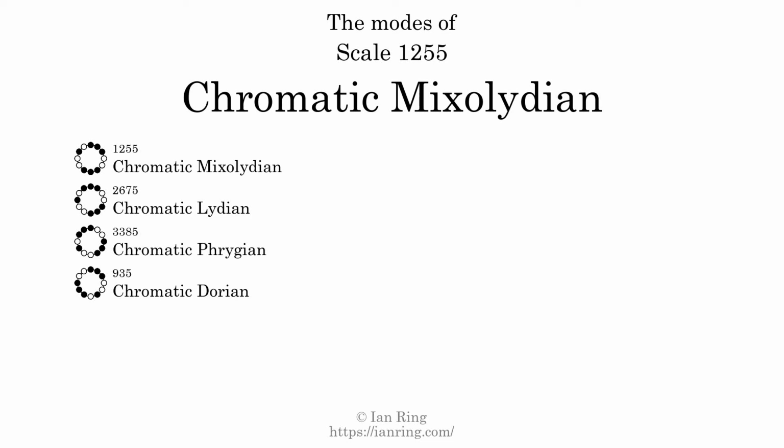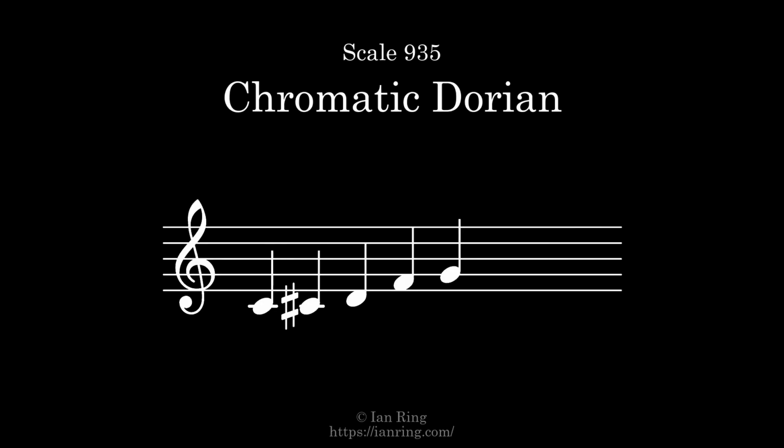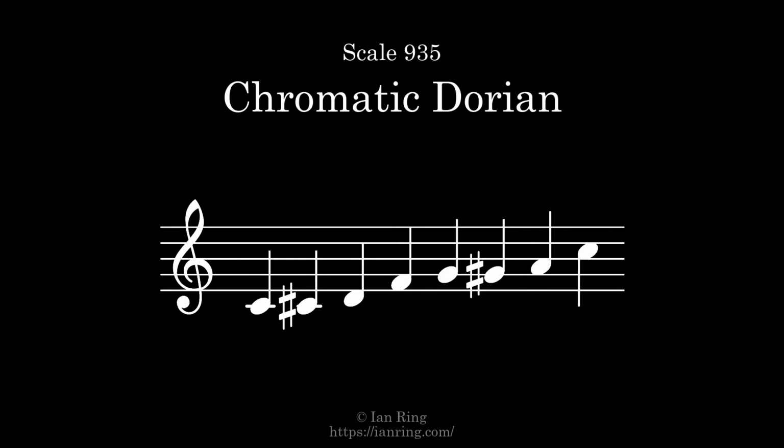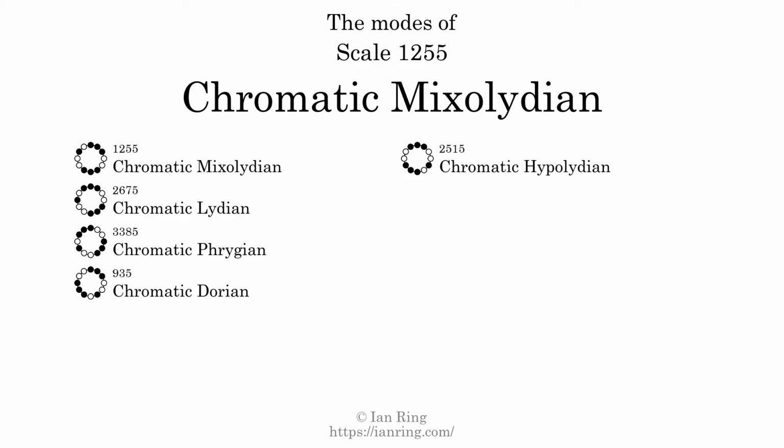The fourth mode is scale 935, also known as Chromatic Dorian. It sounds like this. The fifth mode is scale 2515, also known as Chromatic Hypolydian. It sounds like this.